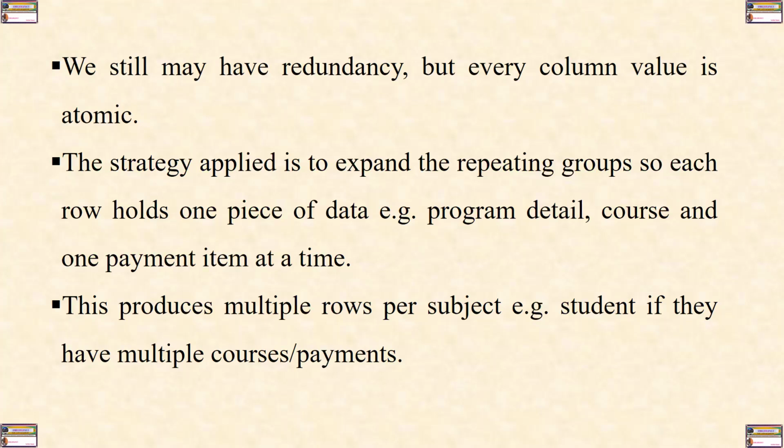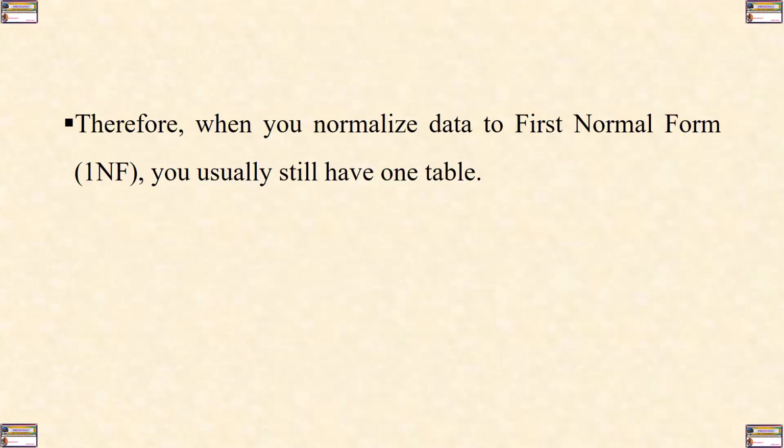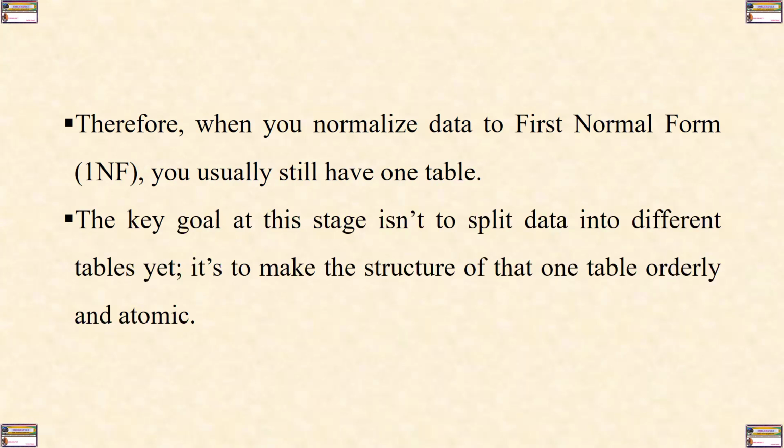So when we split those courses into separate courses, it means we shall have added an additional row. If the row was one when the two were lumped together, and we split the two, we end up with two rows. The same applies to payments. Therefore, when you normalize data to first normal form, you usually still have one large table.